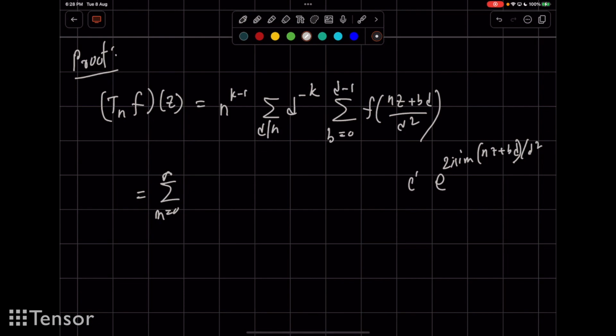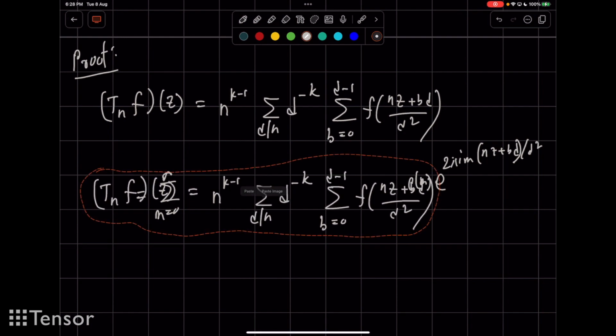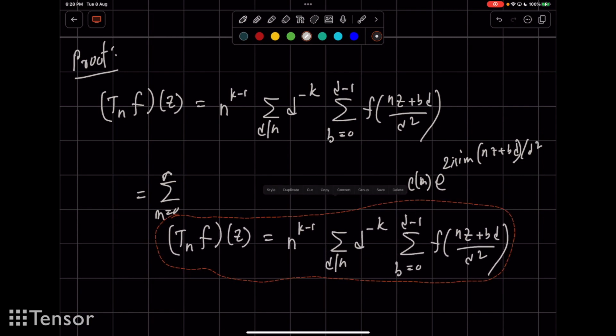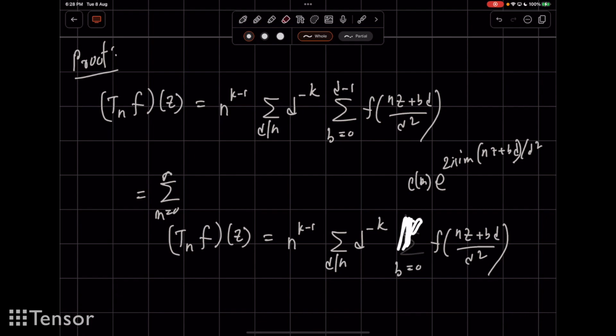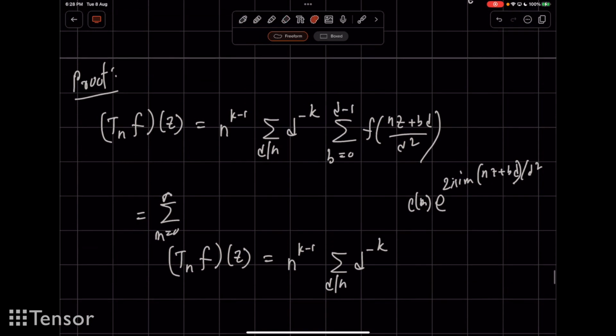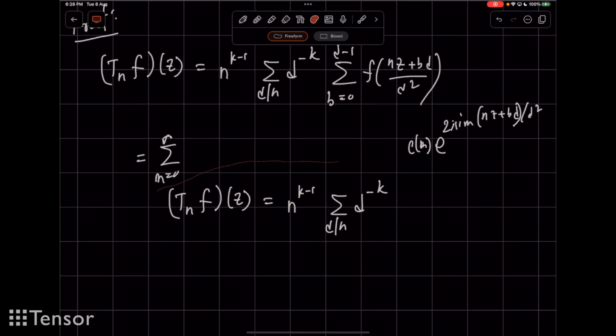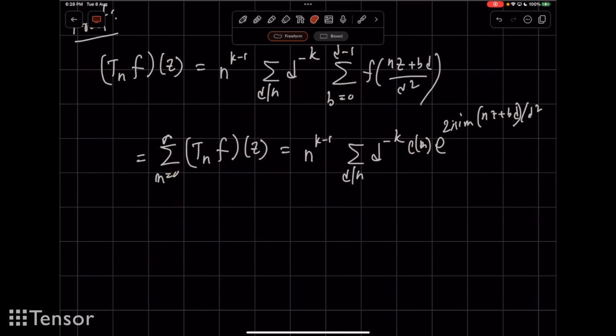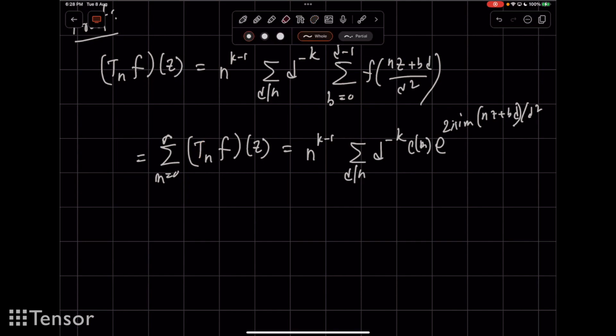And here we have c(m), and everything else is the same.